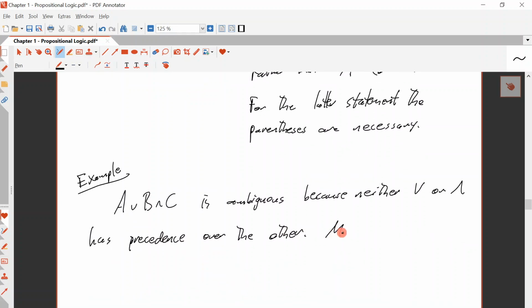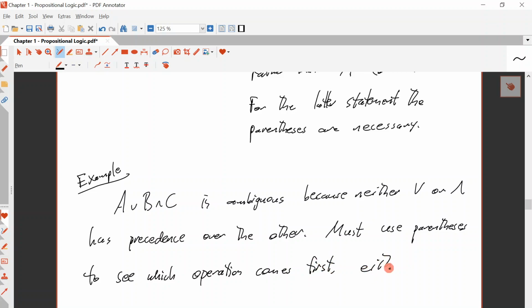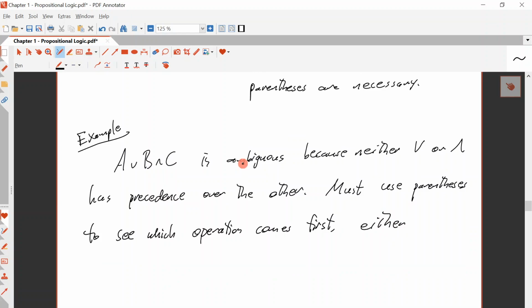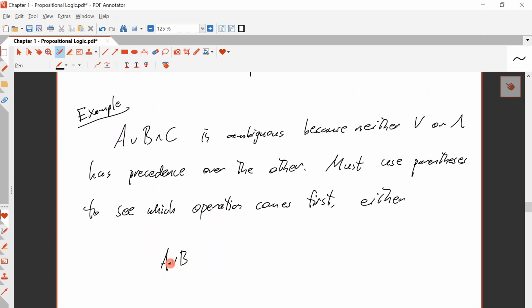We must write parentheses to see which operation comes first. Either the disjunction, A or B, and then taking the conjunction with C, or the conjunction of B and C, and then taking the disjunction with A.